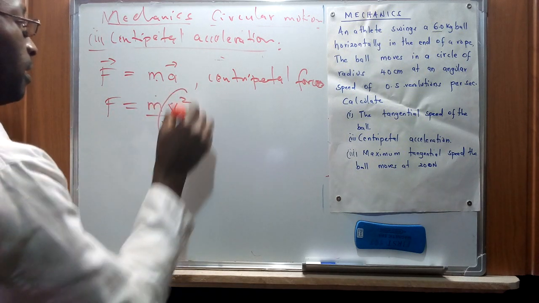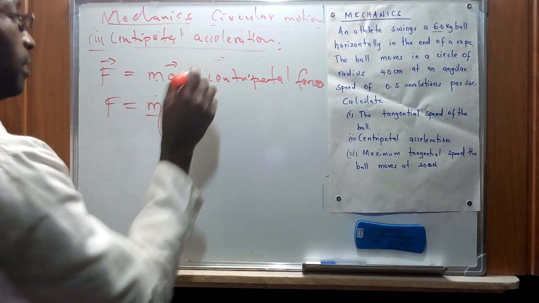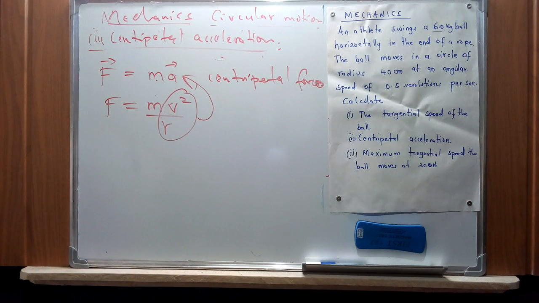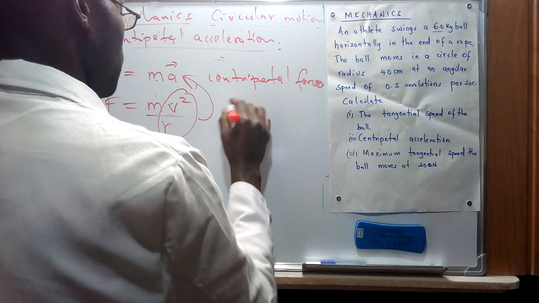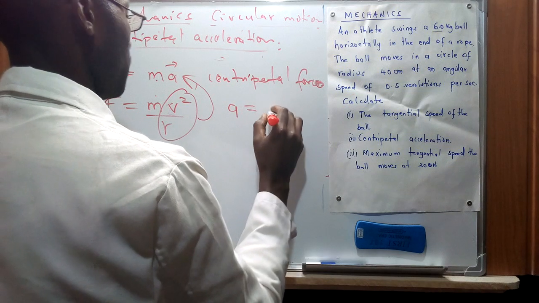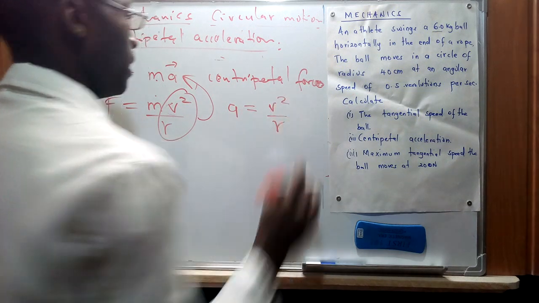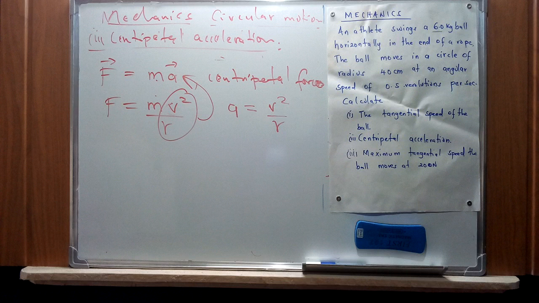So for that case, the acceleration can be represented using that second part of the formula. So we shall have acceleration equals v squared over r. So that's a representation for acceleration using that concept.